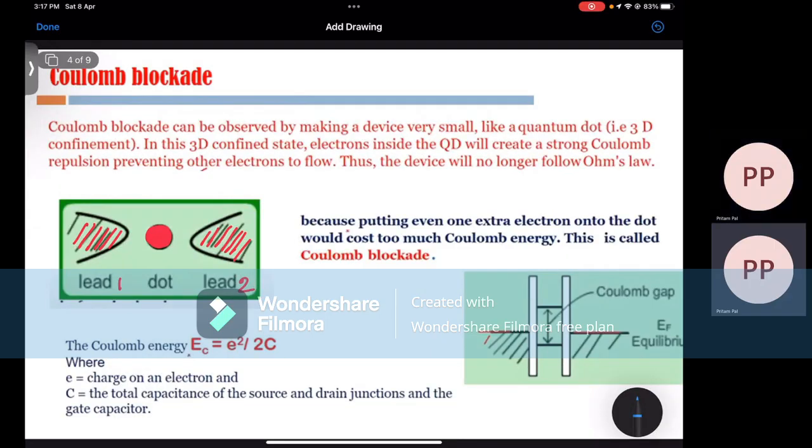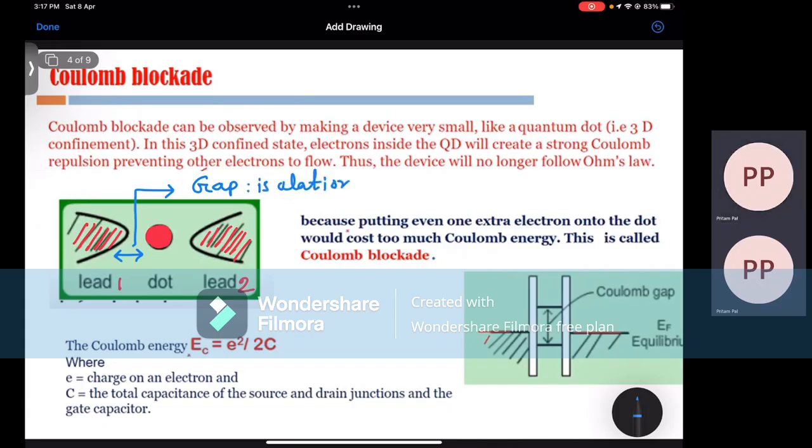And this gap that is present here shows a type of isolation. This isolation is implemented by placing a very thin insulating material, but here the insulation is shown in the form of free space.